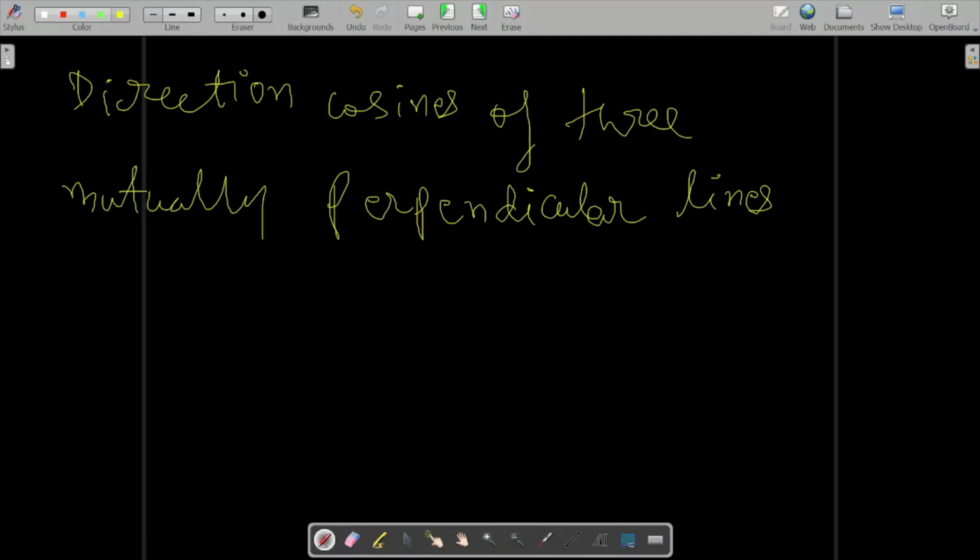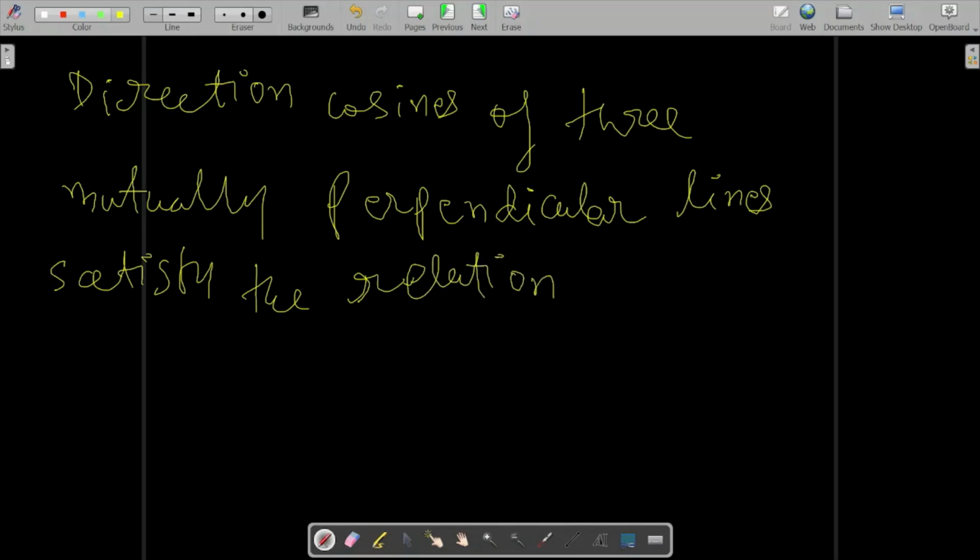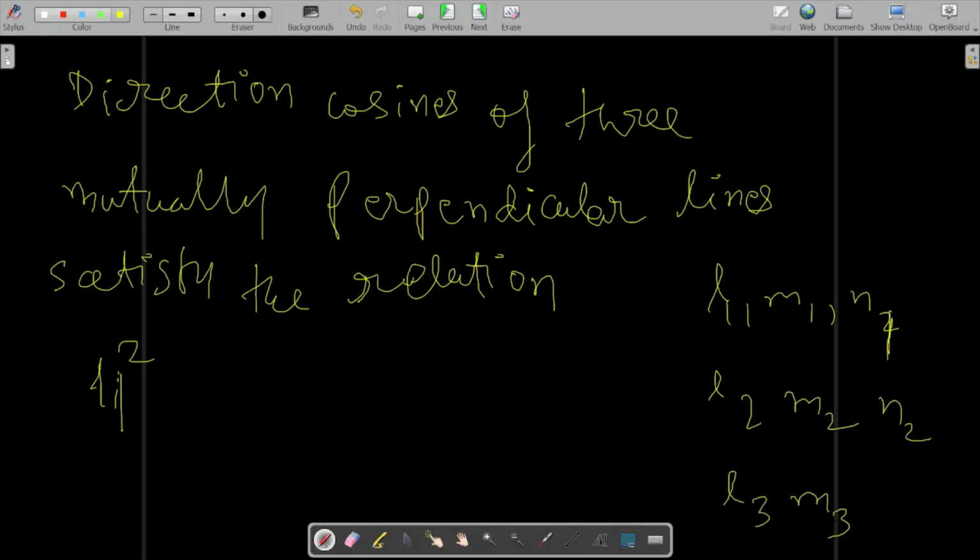So the direction cosines of three mutually perpendicular lines satisfy the relation. Which relation? They will satisfy this relation: L1 square plus M1 square plus N1 square. Okay, for example, you take the direction cosines like this: L1 M1 N1, L2 M2 N2, L3 M3 N3.